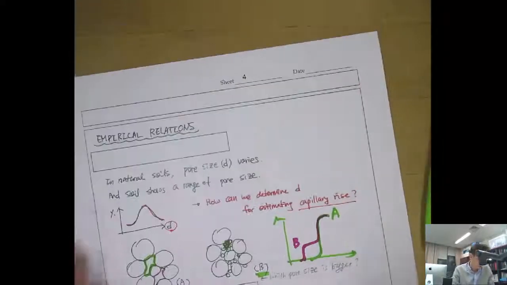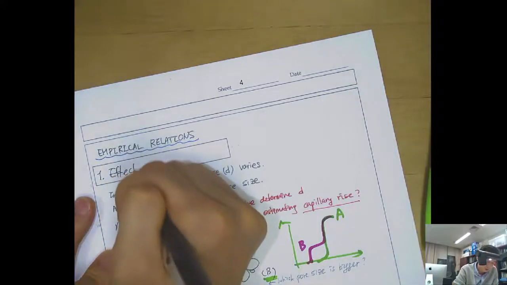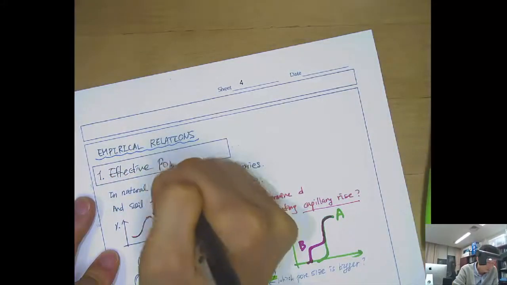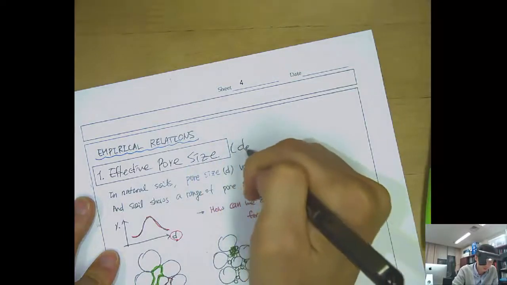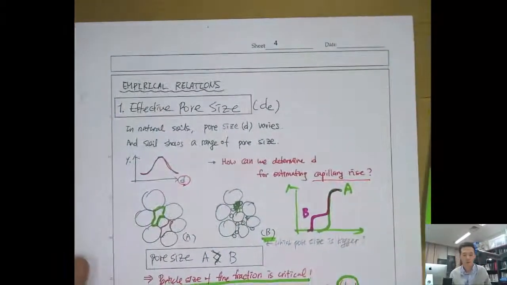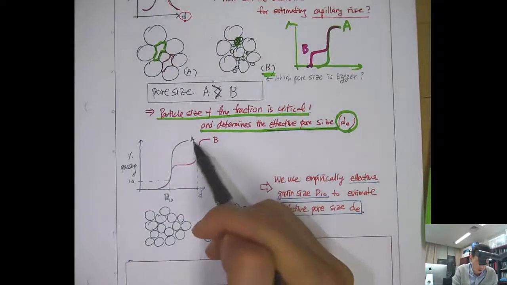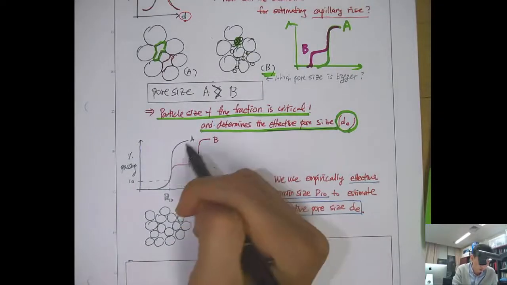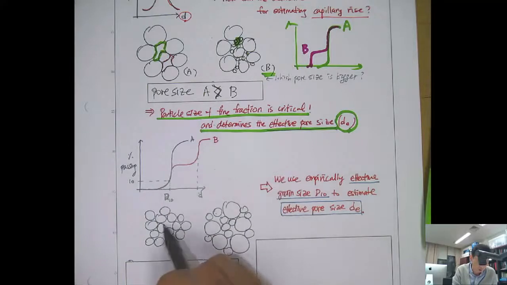On the other hand, how can we determine the effective pore size? Let's think about a different case. We have soil A that has uniform size with some small particles like this.